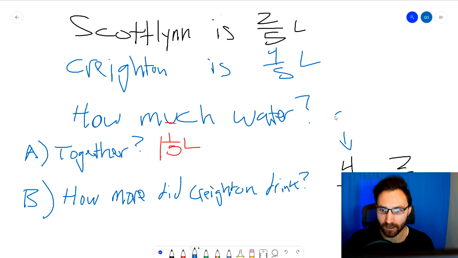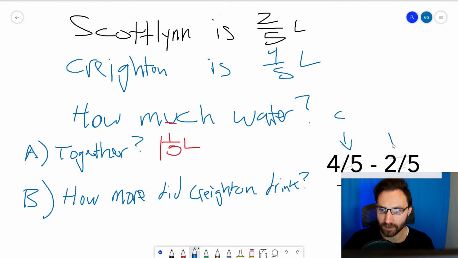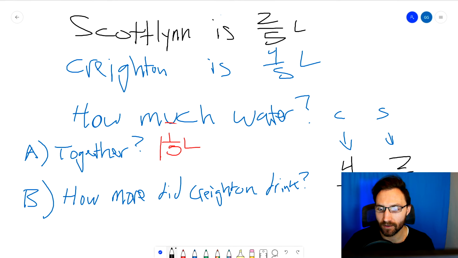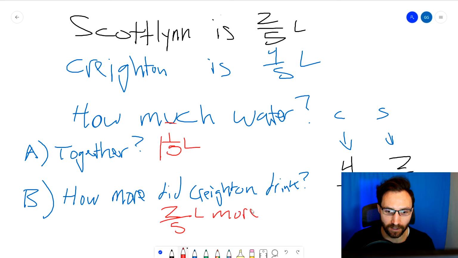Right here is Creighton, and this one is Scotland. So 4/5 minus 2/5 equals 2/5. So Creighton drank 2/5 liters more than Scotland.